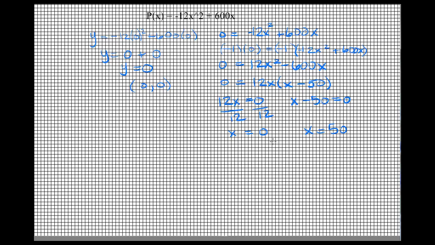So we have two x-intercepts. Remember y was 0, so the first one is (0, 0), and the next one is (50, 0). Over here we have our y-intercept, and over here we have both of our x-intercepts. I'm going to go ahead and clear this screen.